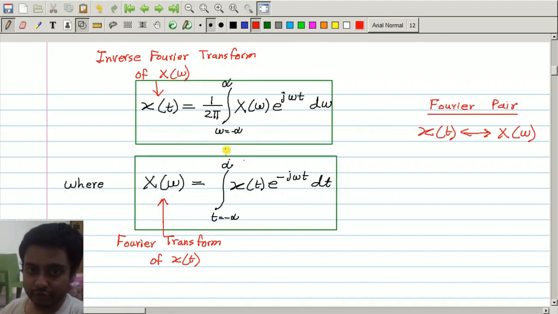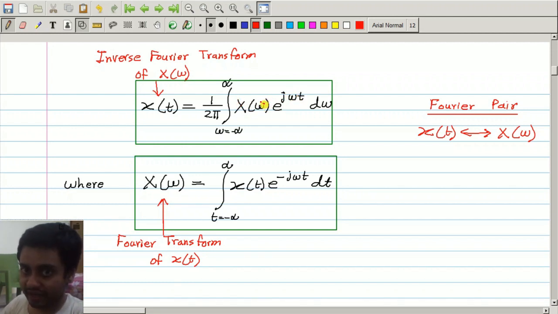Now these formulas have a very nice physical meaning. Look at this first formula. According to this, xt can be written as a sum of complex exponentials, because integration is also a kind of sum, and we are adding many e to the power j omega t terms for different values of omega. More importantly, this omega can take any continuous value, because this integration is performed over a continuous range of omega.